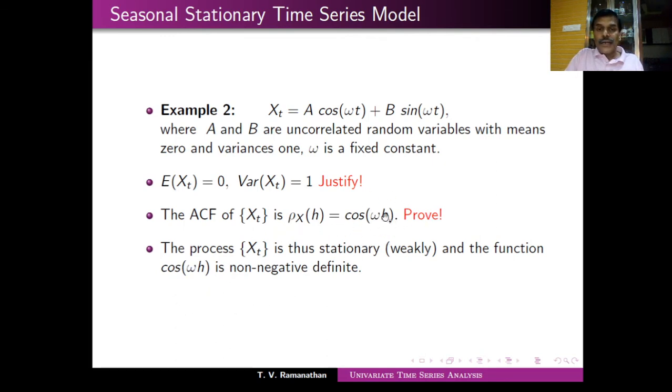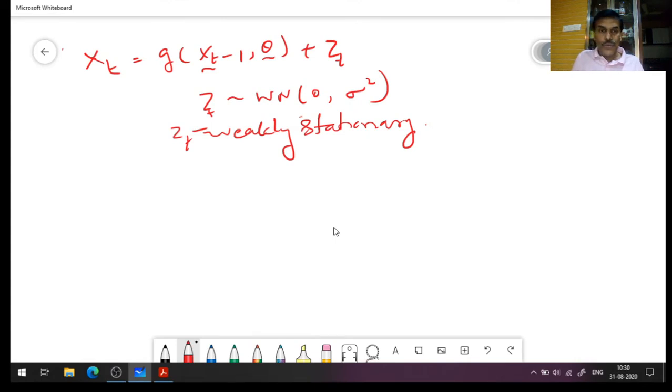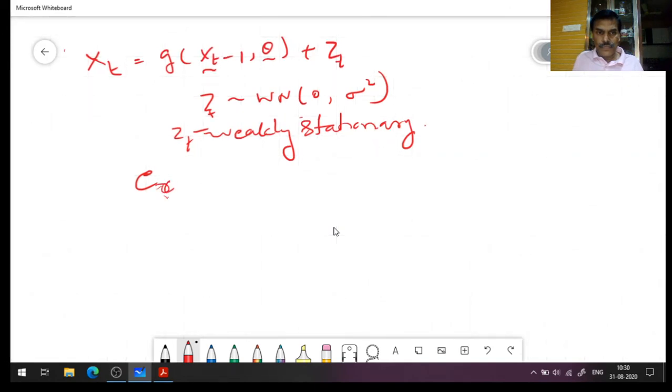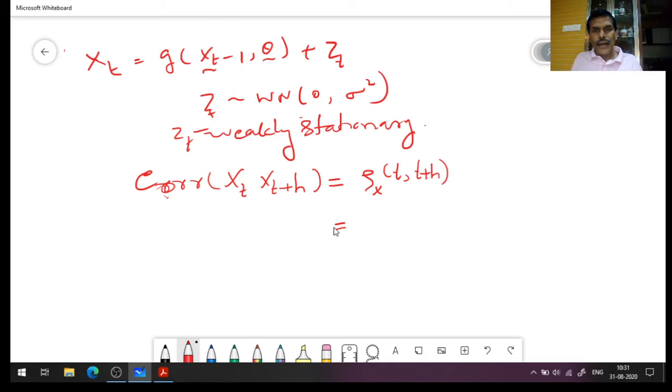You can complete this computation; that's not a big problem. The correlation between xt and xt plus h is the expected value, because the mean is 0.